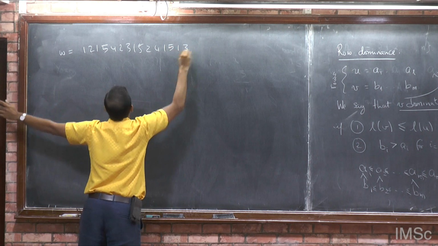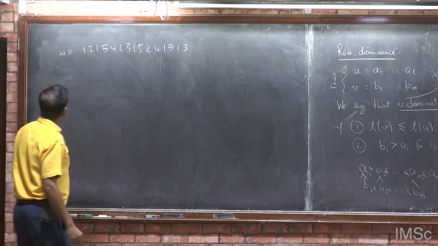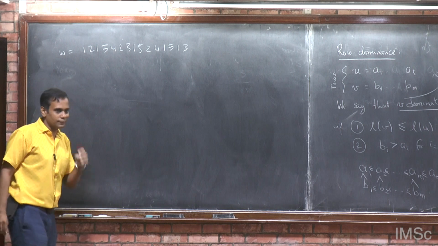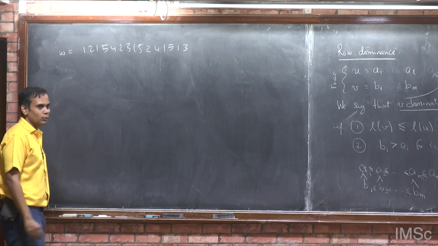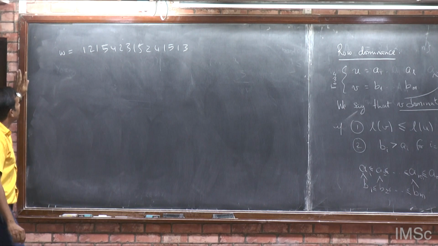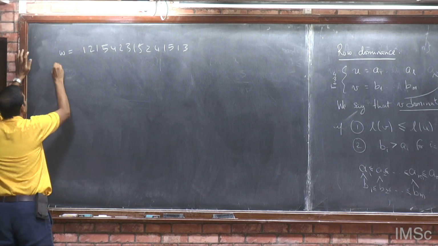It is not very long, but long enough for hand calculations. Now I want to find the longest increasing subword, and once I read something, it's gone. It will be rubbed off the board, you can't store it.